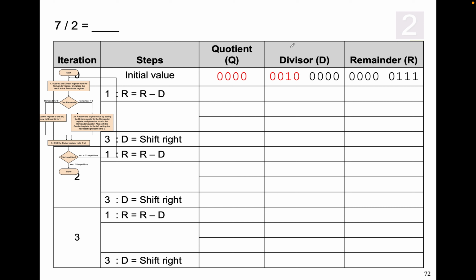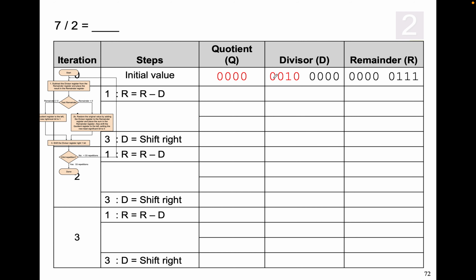Now, the divisor is slightly different, which is when you place your divisor. This is your divisor. Normally you're going to put 0 0 0 0 0 0 1 0, which is equal to 2, right? But for this division, you're going to swap the place.